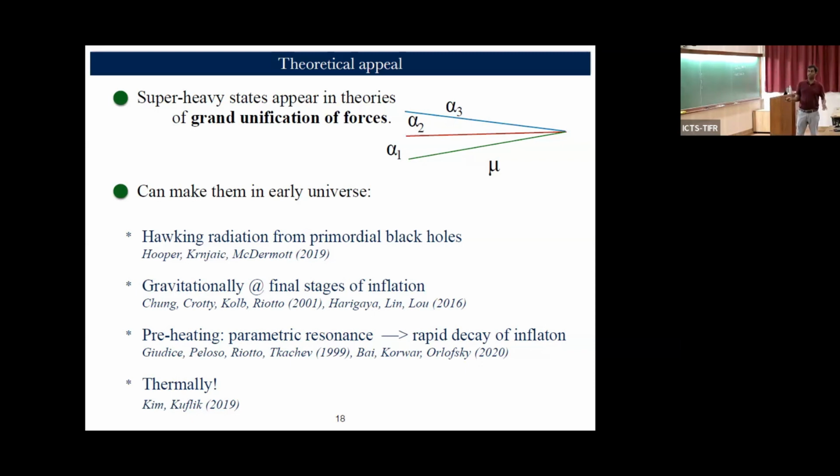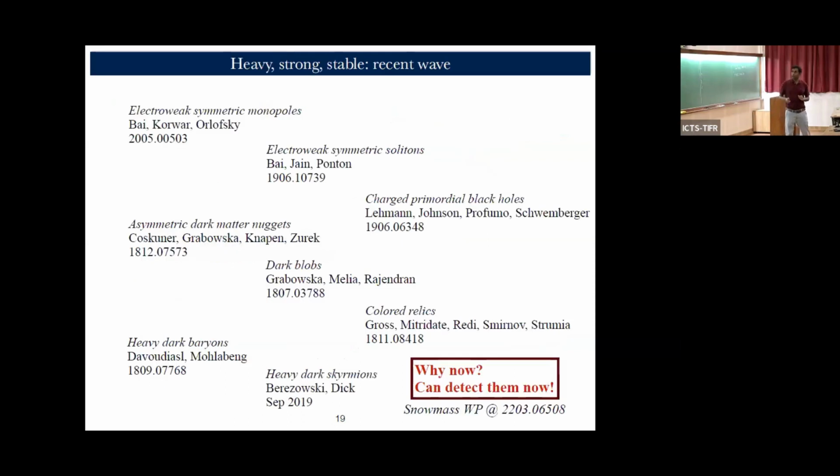Notably from Hawking radiation of primordial black holes, through the Wimpzilla idea, which is producing these states gravitationally at the final stages of inflation, through preheating, and even through thermal models. Okay, although it's sort of a difficult model to arrange, you can have thermal mechanisms beyond the so-called WIMP unitarity limit as well. Okay, and there has been a recent wave of giving dark matter candidates in this mass range.